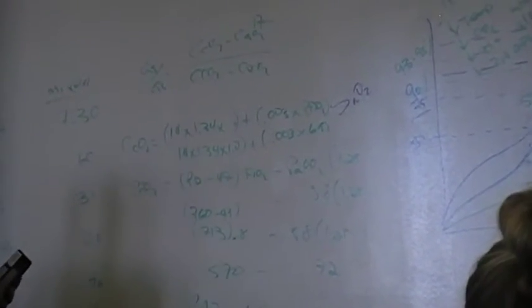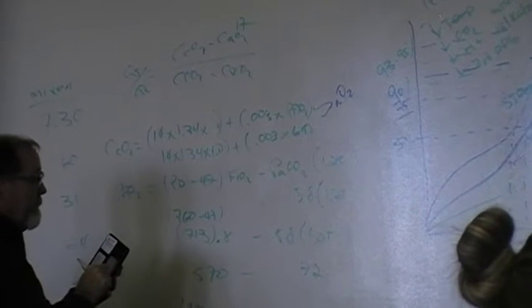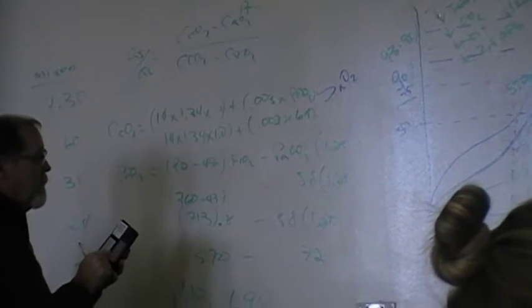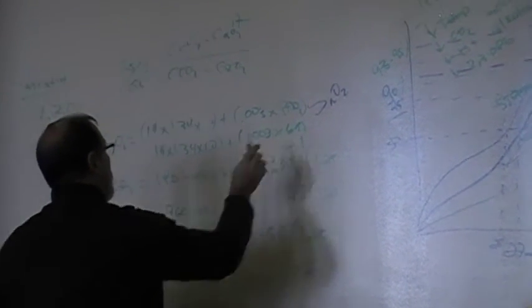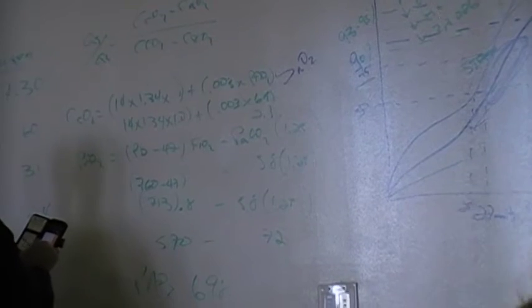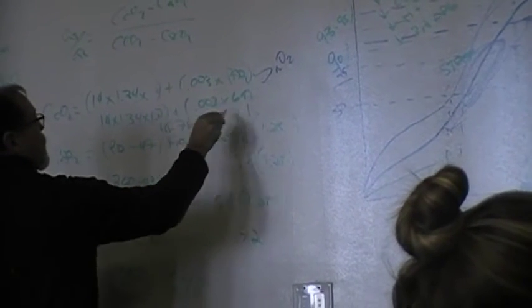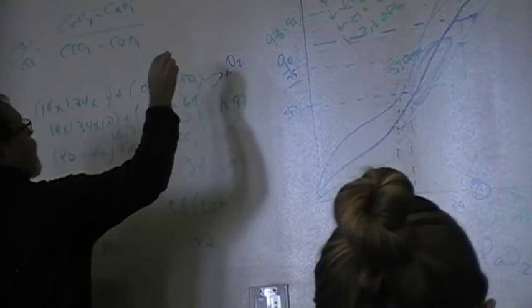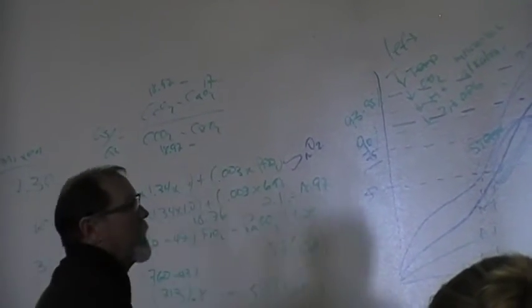So 698 times 0.003 is 2.09, about 2.1. 14 times 1.34 is 18.76, plus 0.21 is 18.97. Then 18.97 minus 17, and 18.97 minus the CvO2.